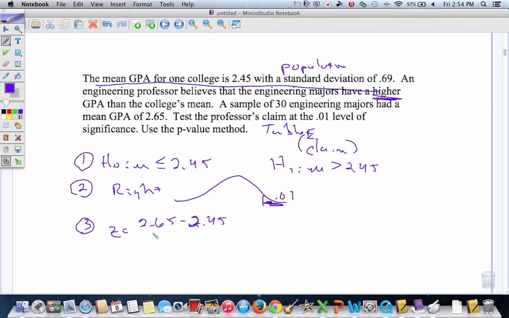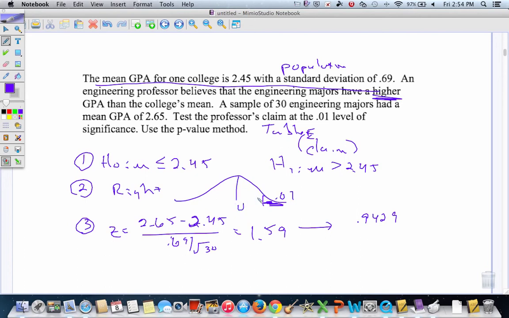Z-score is 2.65 minus 2.45 over 0.69 over the square root of 30. That value, that z-score or test score is 1.59. Since we're finding the p-value, we look up 1.59 in the table.